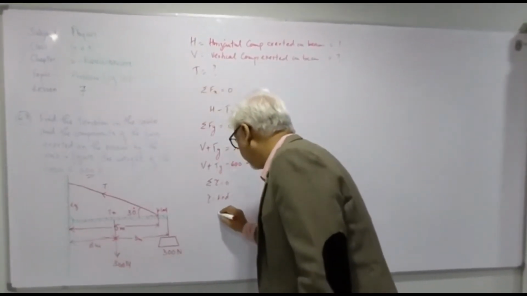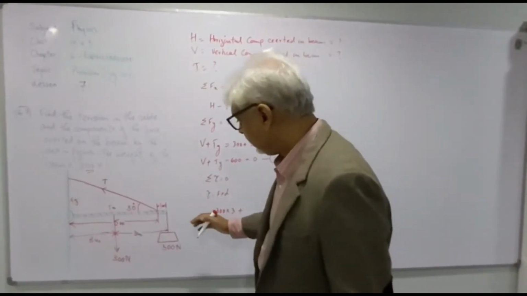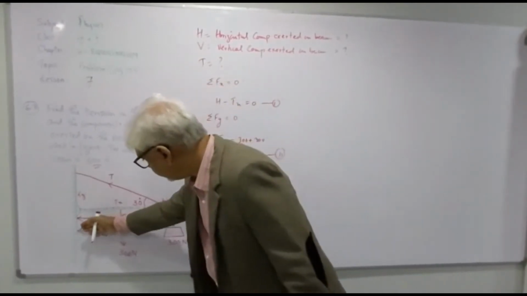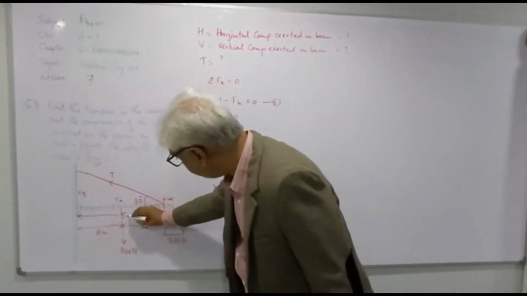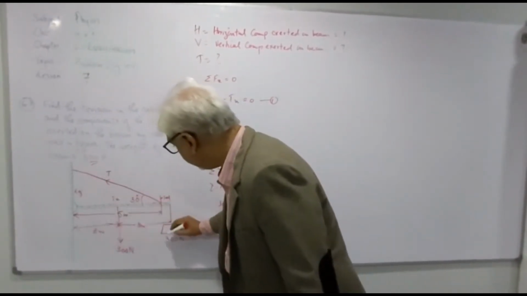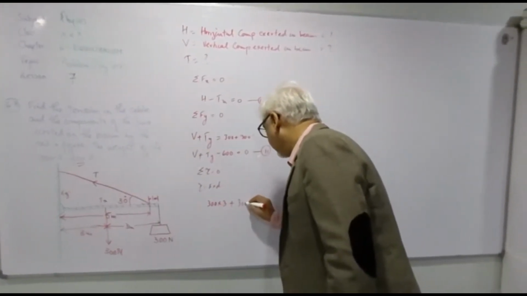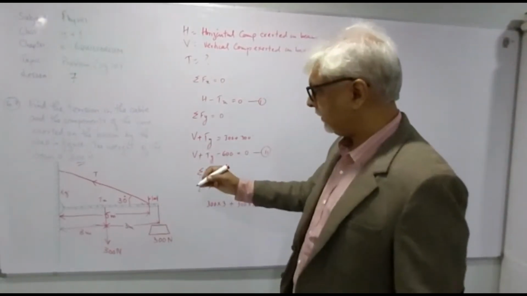So we have 300 times 3, plus another force over here. From here to here is 6 meters, because the end of the beam is 5 plus 1, and here we have 300 newtons. So we have 300 times 6.